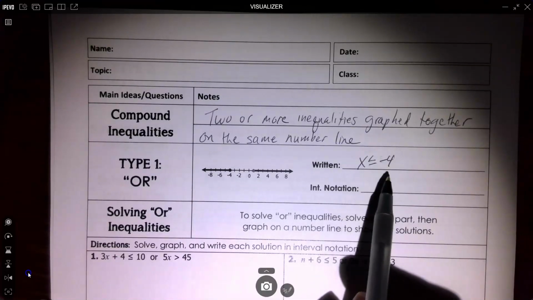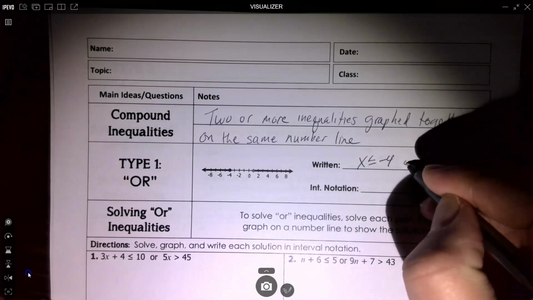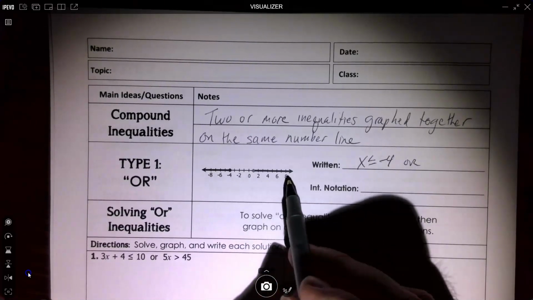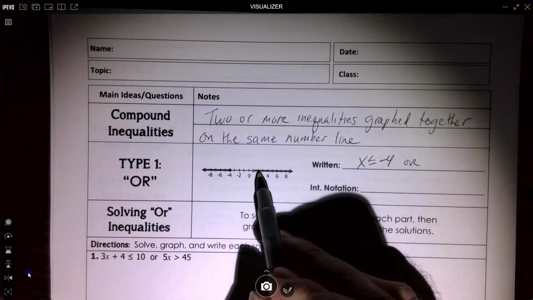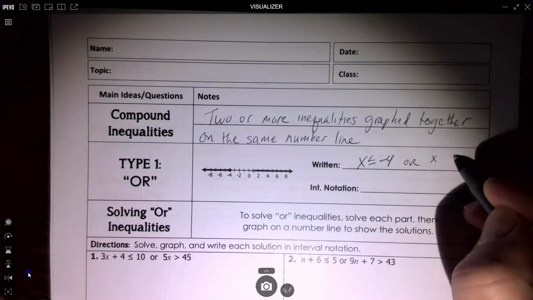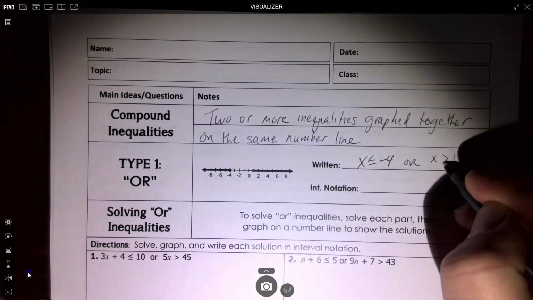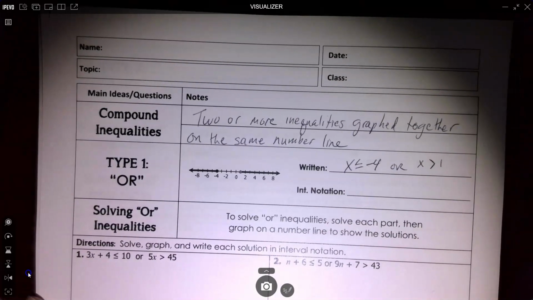Or, this piece starts at 1, but remember it's an open dot, so that means we're not going to do equal to. And this time we're doing things that are greater than it. Okay, so that's what it looks like.